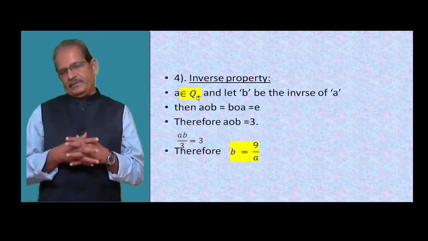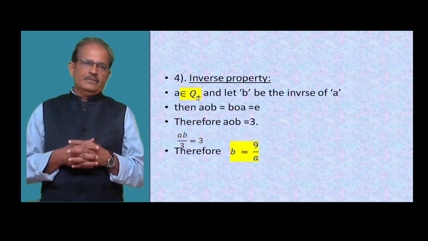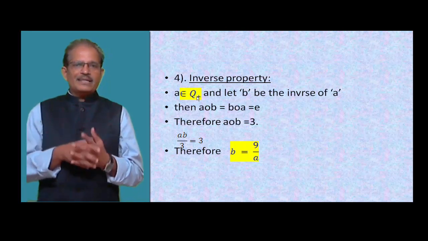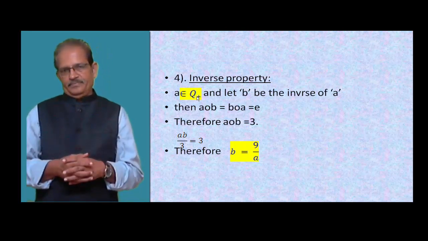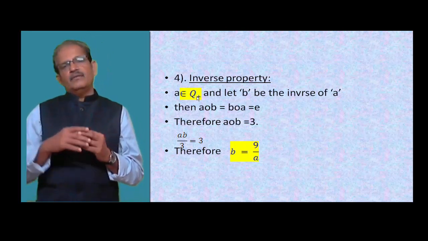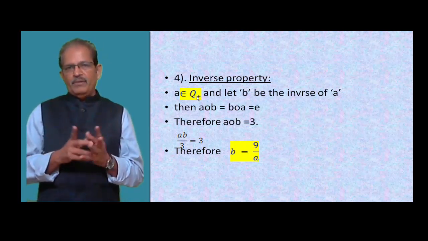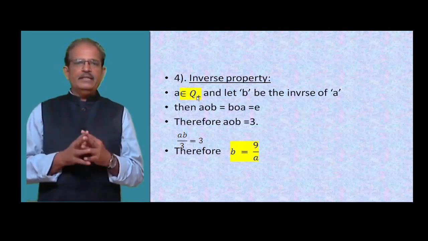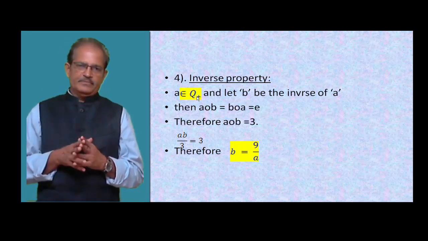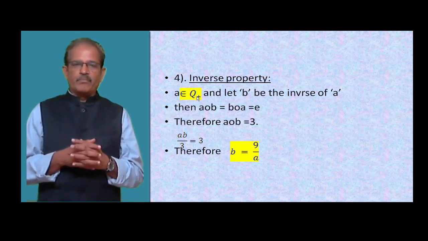Now inverse property. Now we will have to verify the inverse property. So take any element A belonging to Q plus. Let B be the inverse of A. So A is an element, there is an element B which is the inverse of A. When B is the inverse of A, then AOB is equal to BOA is equal to the identity element E. But already the identity element is obtained, that is 3 for this particular problem.